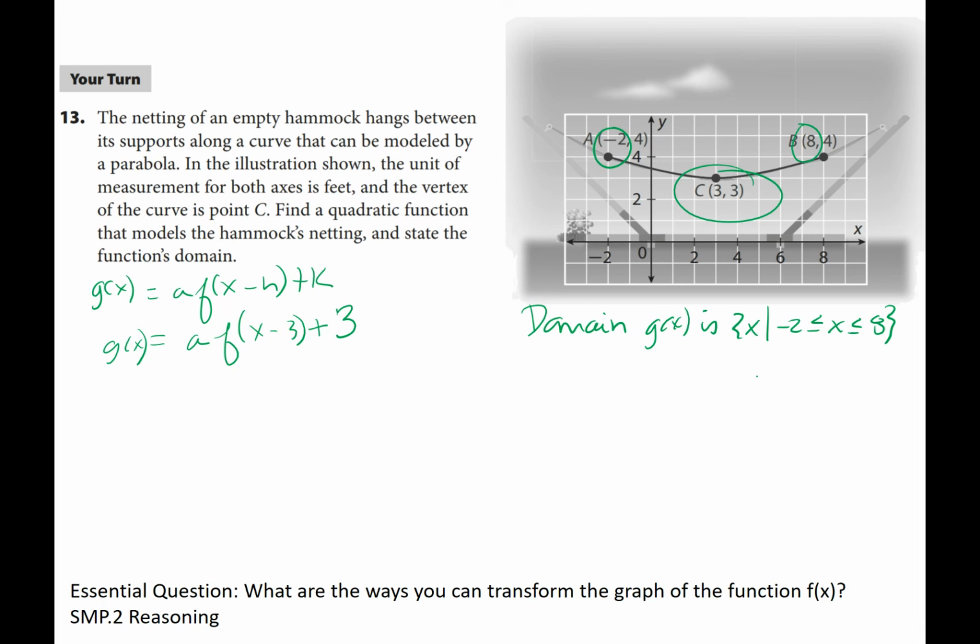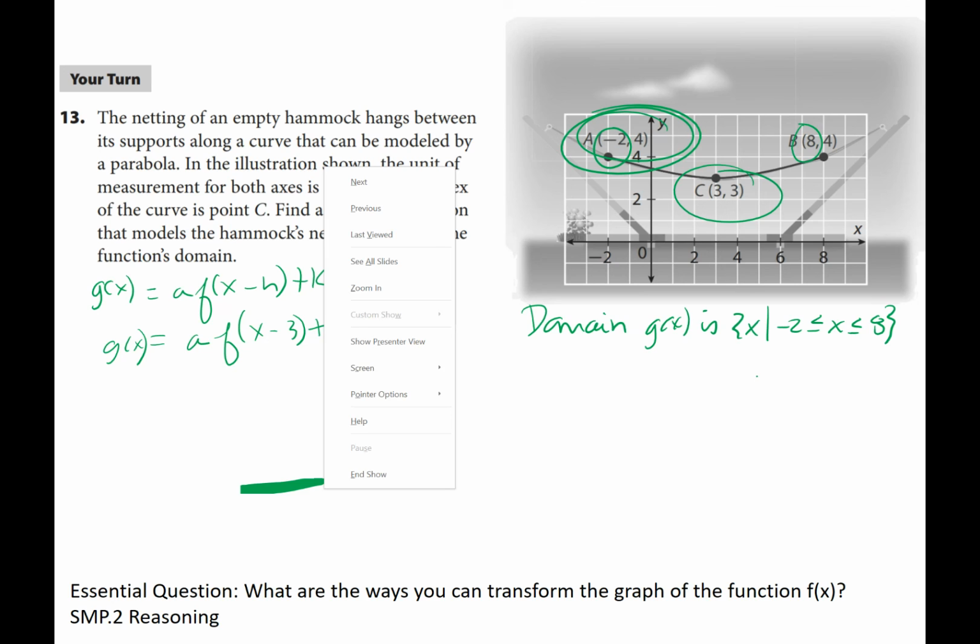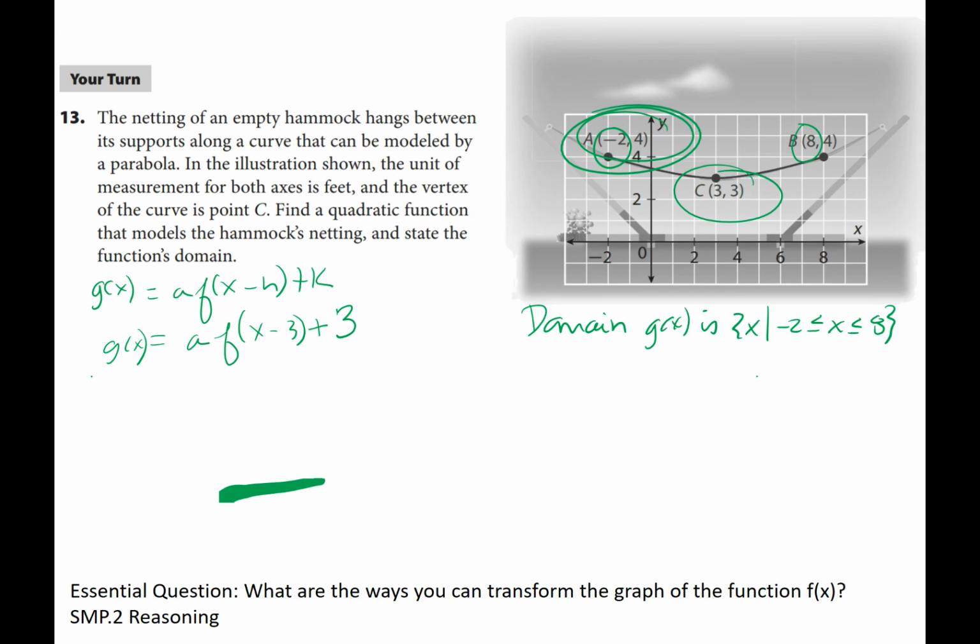So now we're going to go ahead and pick one of the points. It doesn't matter which one. I'm going to choose negative 2, 4. So we're going to put in negative 2 for the x. So g of negative 2 equals a times f of negative 2 minus 3, plus 3.